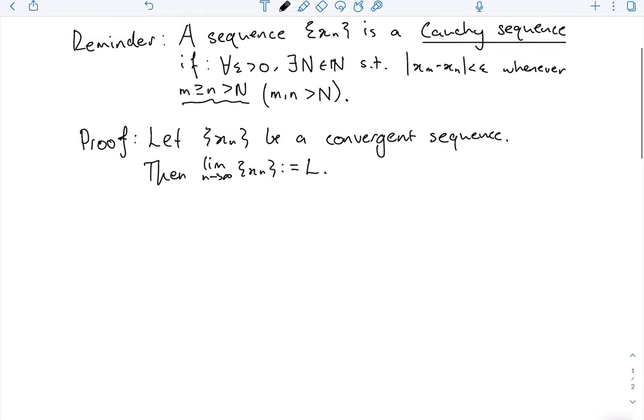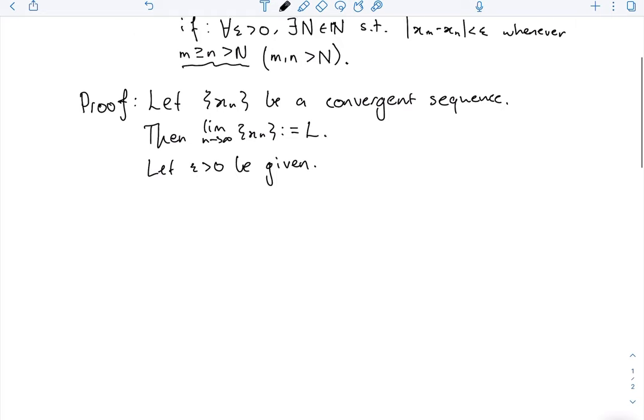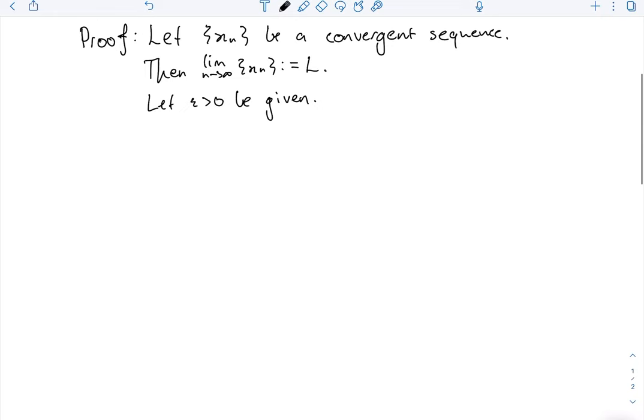Now, we want to let epsilon greater than 0 be given. And we want to have a condition on N so that this proof will work.